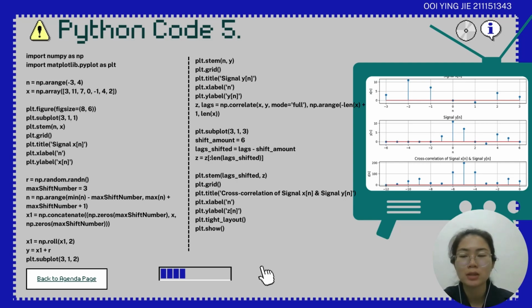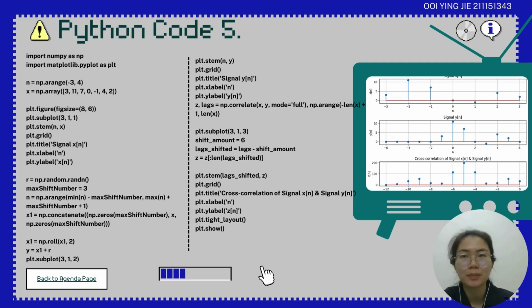Create a new figure for plotting with a specified size of 8 units in width and 6 units in height using the plt.figure, figsize equal to 8, 6. Plot xn in the first subplot and use the plt.subplot 311 to specify that you have a 3 times 1 grid of subplots and you are currently plotting the first one.